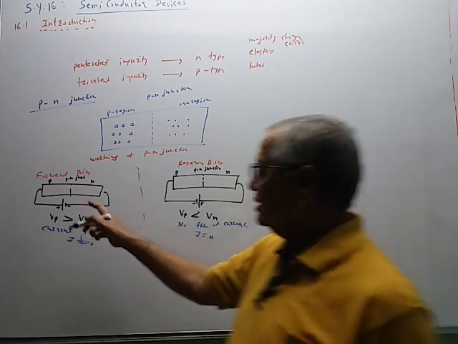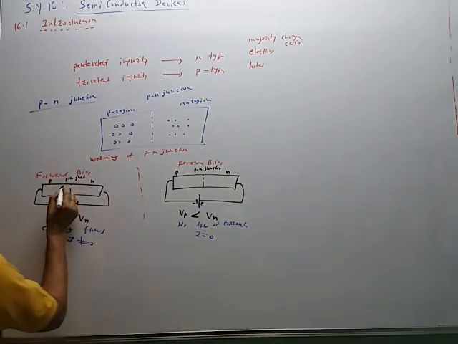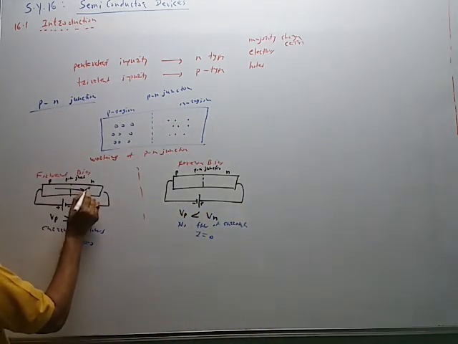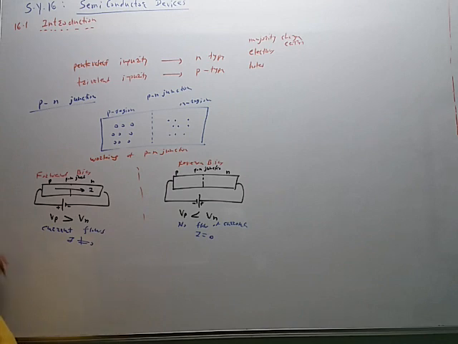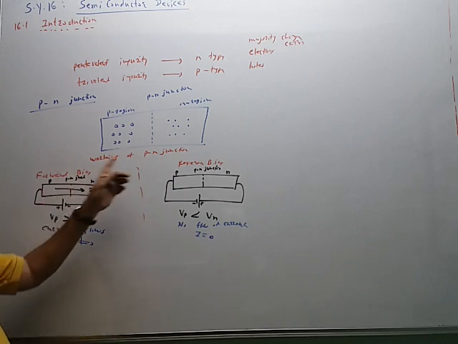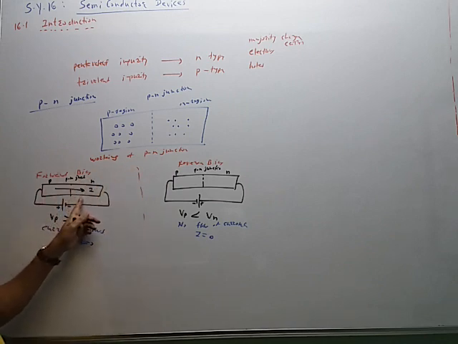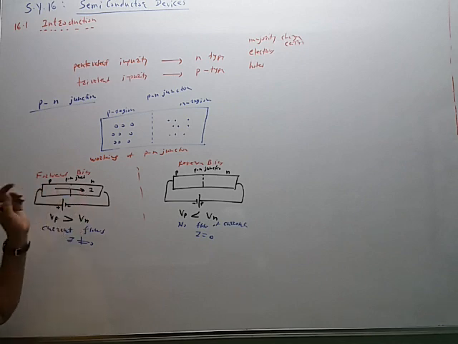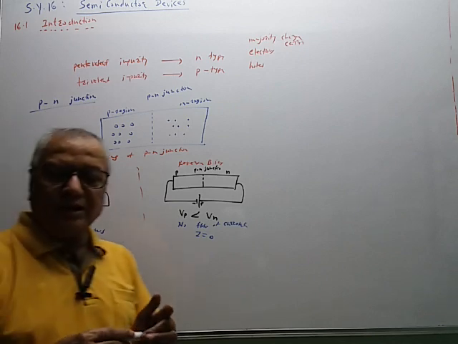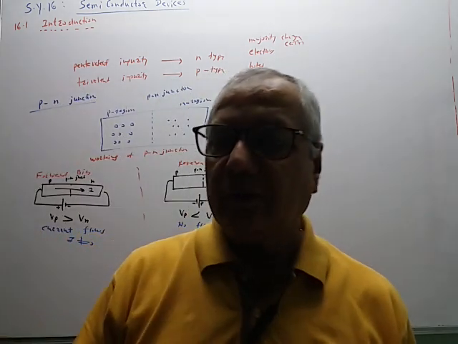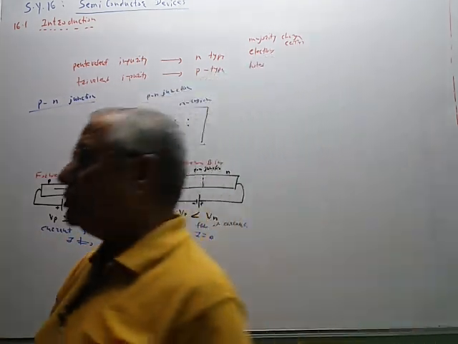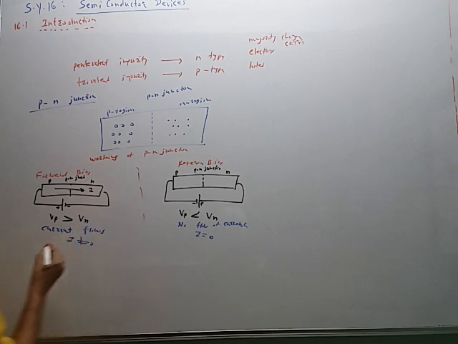In this case, the current flows from P region to N region. There is no flow of current otherwise. So only when the PN junction is forward biased do we get current, and therefore the current is in only one direction. Unidirectional flow of current is allowed in PN junction. So this is the important conclusion.